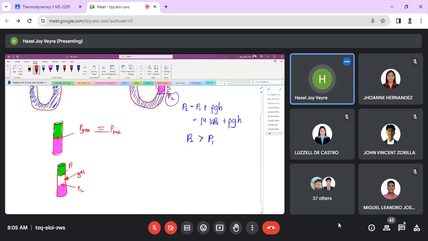So in this kind of problem, when you see a manometer containing 3 fluids, including a gas, remember that P2 is equal to, same with this, P1 plus rho GH. However, when we're talking about a gas, remember this class, it is assumed that the pressure difference here is negligible.